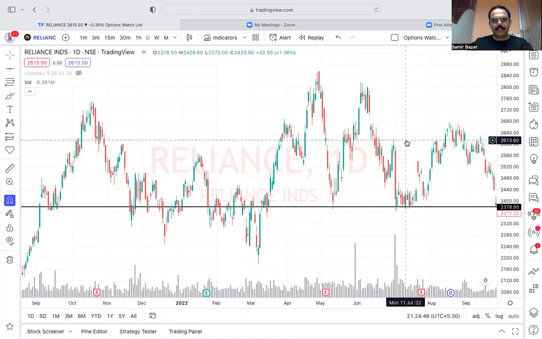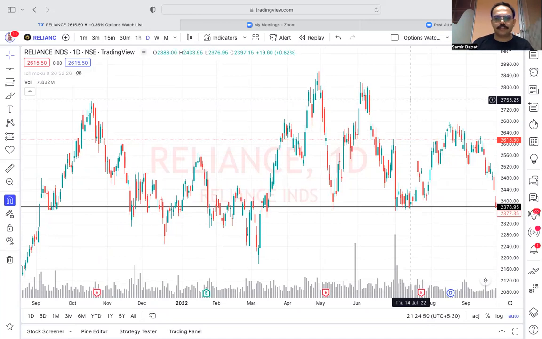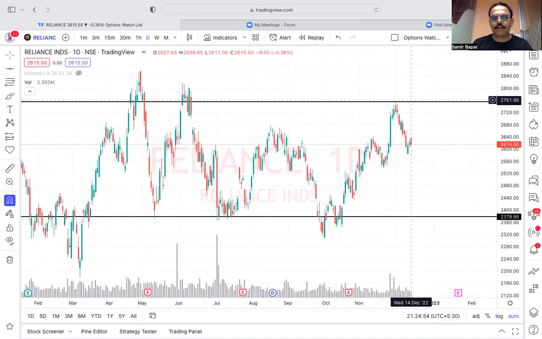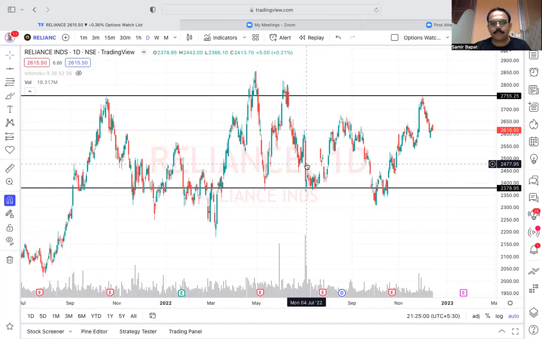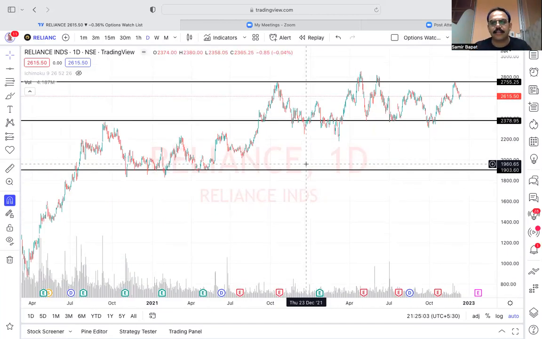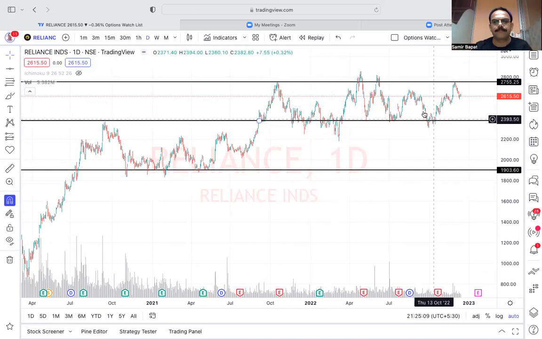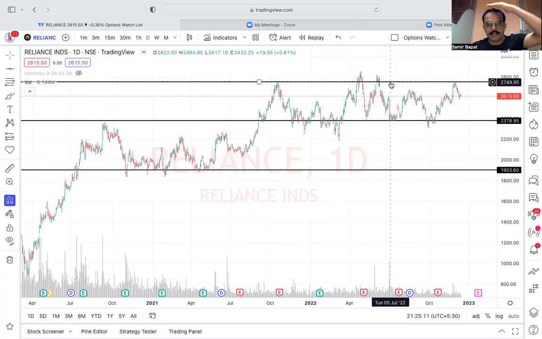As you can see, it is trying to make headway above this, so this is acting as a resistance. The price is not able to go above this. In classical terms, these are called support and resistance levels, where the price bounces multiple times and tries to go up, and the level where it is not able to go above.